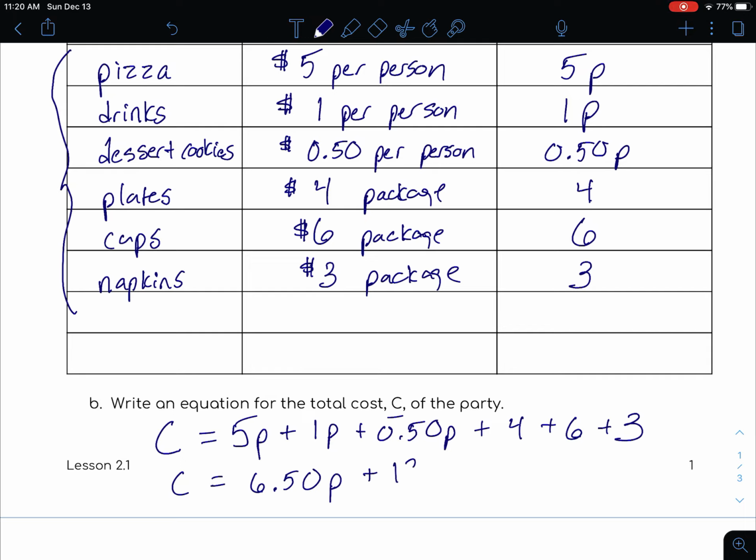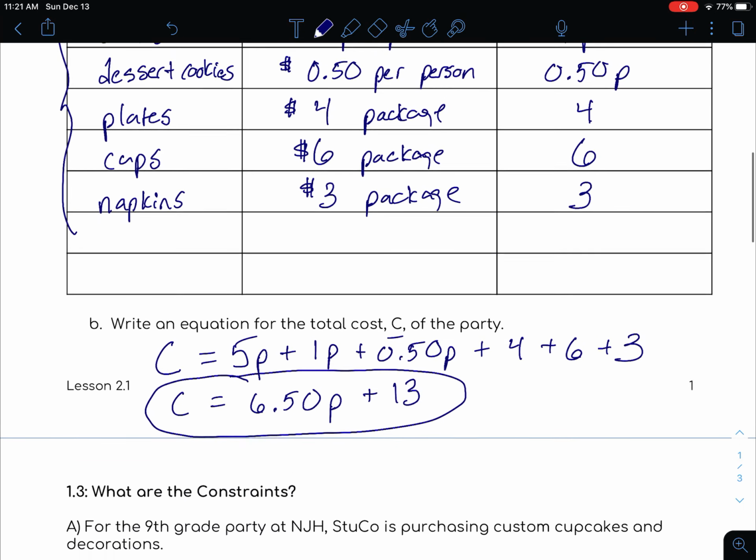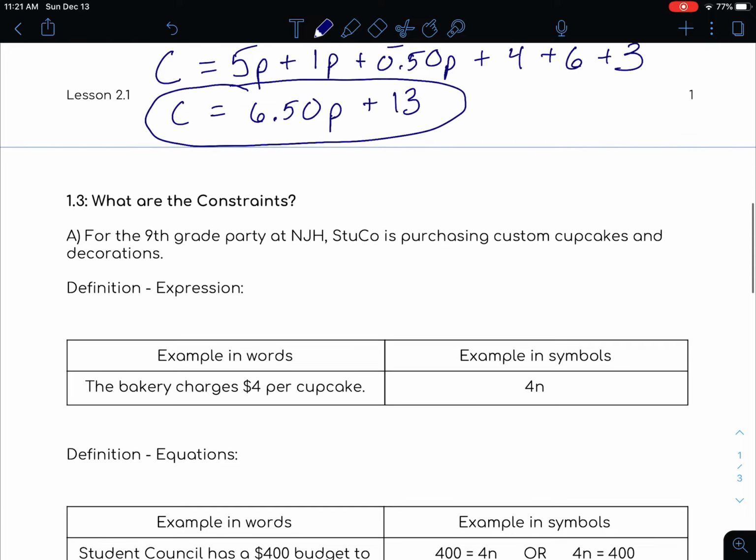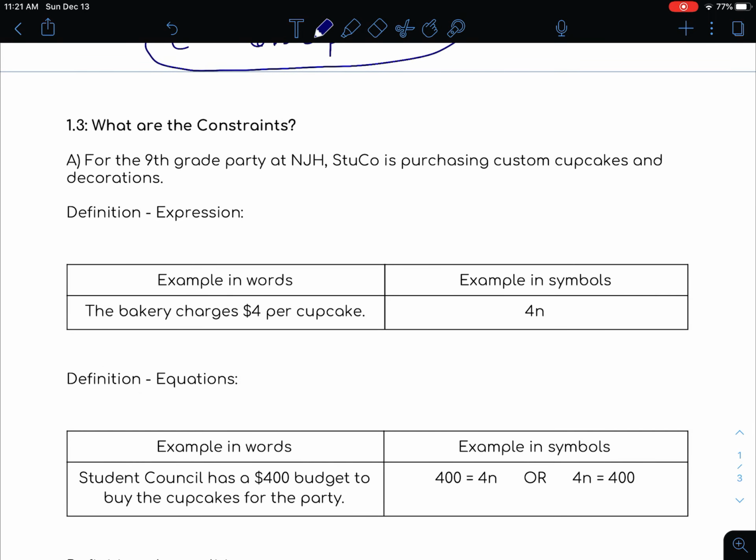So of the $4, $6, and $3 for the plates, cups, and napkins, 4 plus 6 plus 3 will give us 13. So this right here can be an equation that we could use as an estimate, as a possible predictor of our total cost based on the amount of people that we would have in our class.